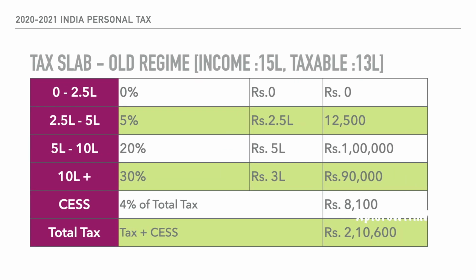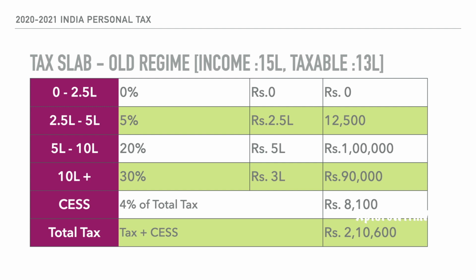Next let us look at an individual earning 15 lakhs. He has a taxable income of 13 lakhs. The first 2.5 lakhs do not incur any tax. The next 2.5 to 5 lakhs incur a 5% tax that amounts to rupees 12,500. The next 5 to 10 lakhs incur a 20% tax that amounts to 1 lakh rupees.